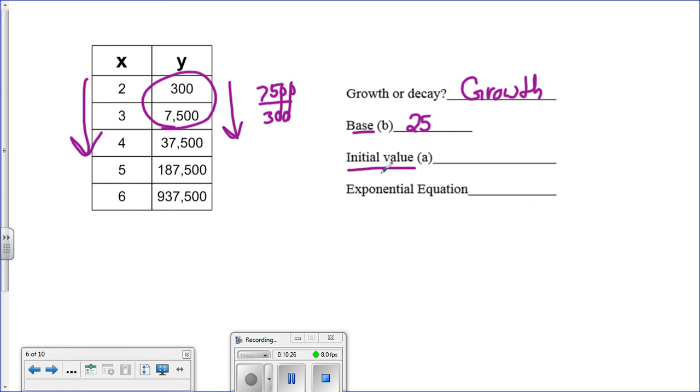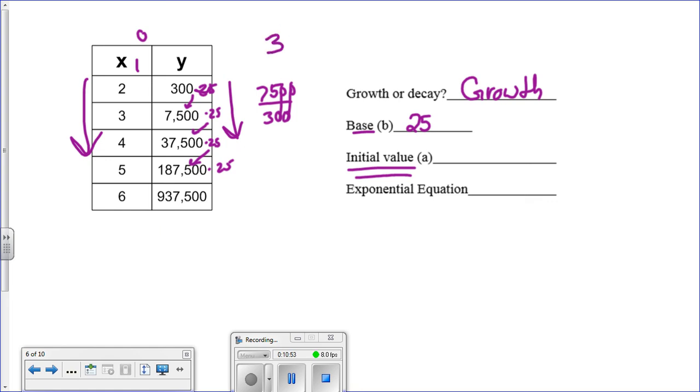Now, to get my initial value, I could do one of two things. I could actually continue this table in the opposite direction. So what that means is if I multiply by 25 to get the next value, then going in the other direction instead of multiplying by 25 would be divide by 25. So I could do that.